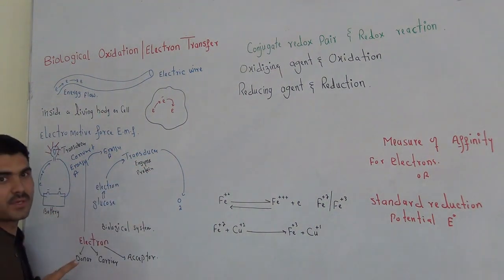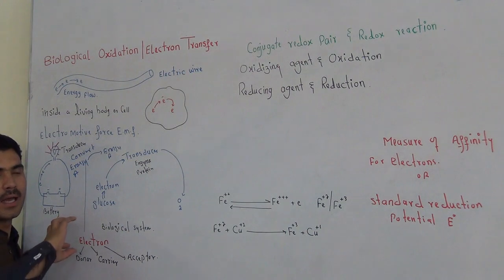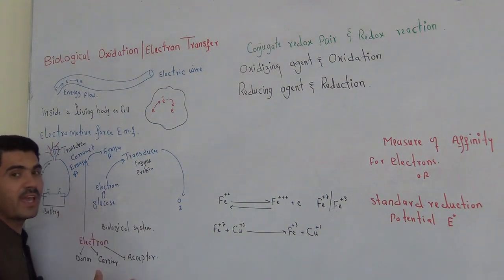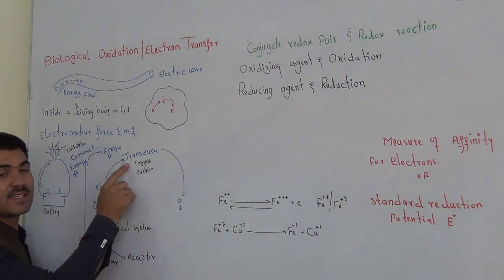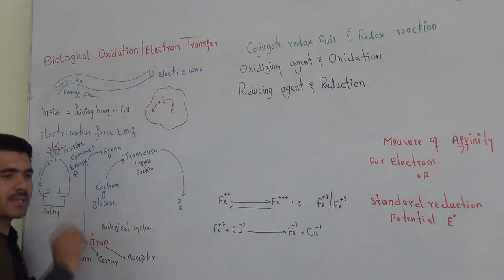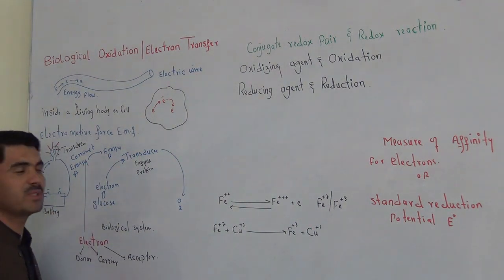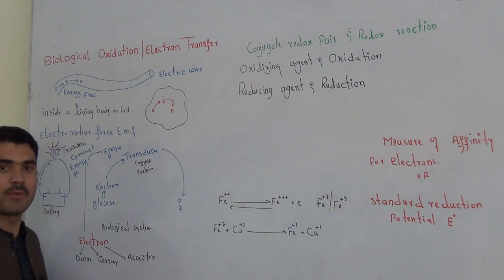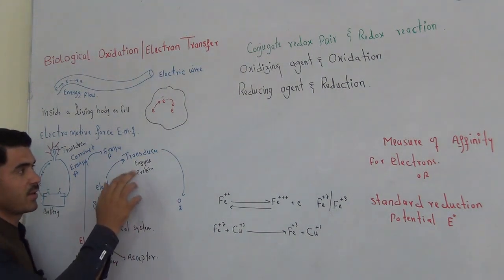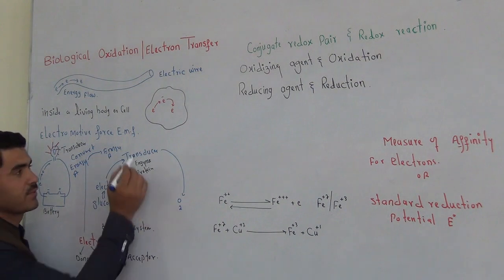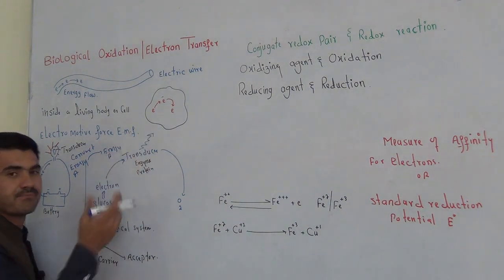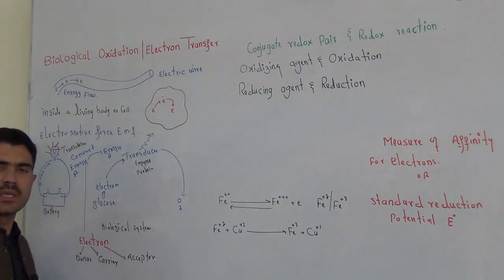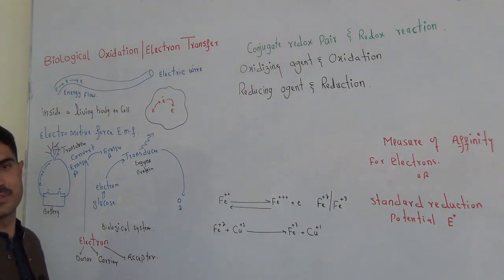Just like here the bulb was a transducer, converting the electrical energy into light energy, inside the living body also we have transducers, but they are called enzymes and proteins, and you will be given a very fantastic lecture on these proteins that convert one form of energy into another form of energy. You will be given a precise lecture on it. So during this electron transfer, the energy will be released from the flowing electrons, and that energy will be used inside the cell for different purposes.